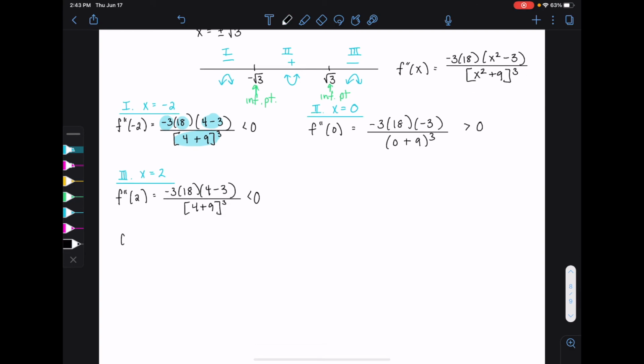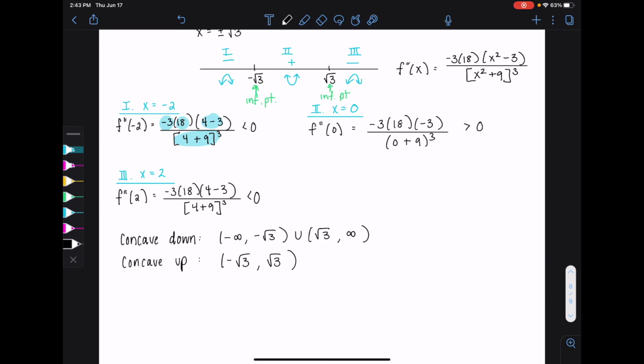So our graph is going to be concave down from negative infinity to negative root 3, and then positive root 3 to infinity. And it's concave up between negative root 3 and positive root 3. So we have 2 inflection points.